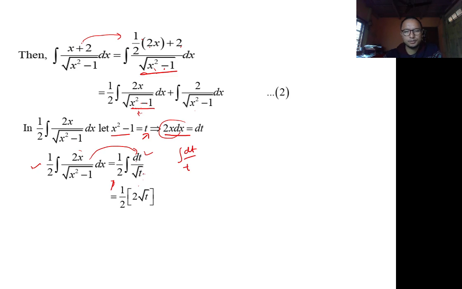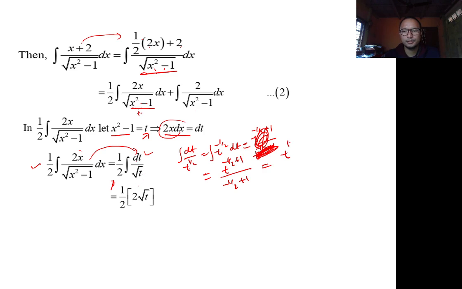under root t has t to the power half, so this is t to the power minus 1 by 2 dt. Just apply the formula, then it will be t to the power minus half plus 1, right?